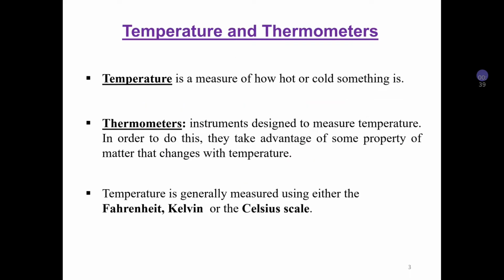So first, let's look at what is temperature. Okay, so we know that temperature is a measure of how hot or cold something or an object is, right? And the thermometer is the instrument that we use to measure the temperature. In order to do this, they take advantage of some property of matter that changes with temperature.